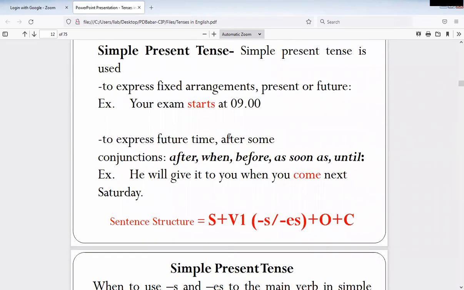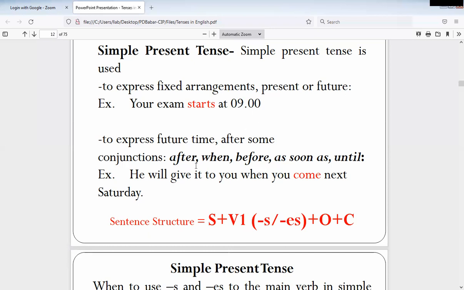Then we use simple present tense to express fixed arrangements. For example, if you are having an exam, the invigilator will instruct you that your exam starts at 9.